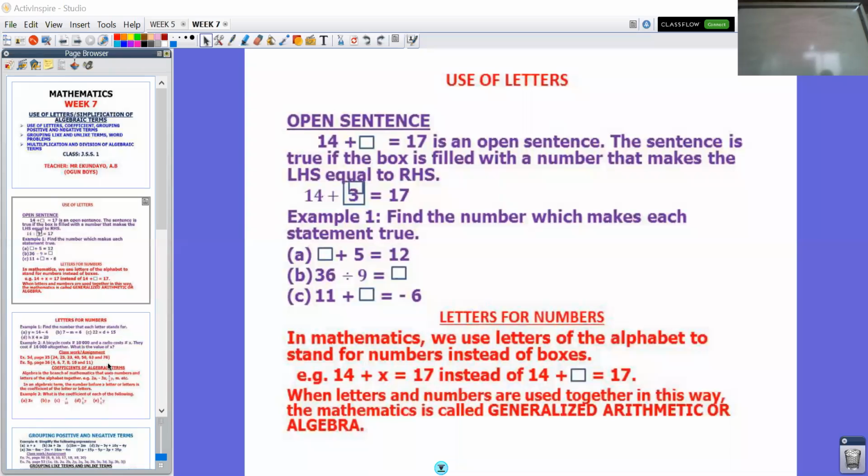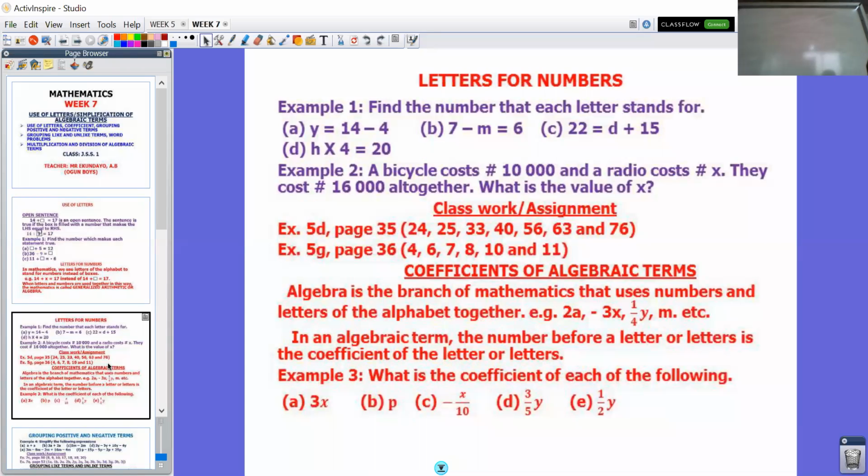So I take it to the next slide. Now on this next slide, just write example 1 first.